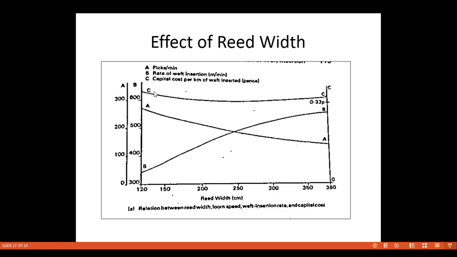So there is no change in cost per kilometer for smaller width or wider width fabric. There is no effect on the cost per kilometer of weft inserted. So we have seen the effect of A, B, C on the reed width. Take some 2 minutes to draw this figure.